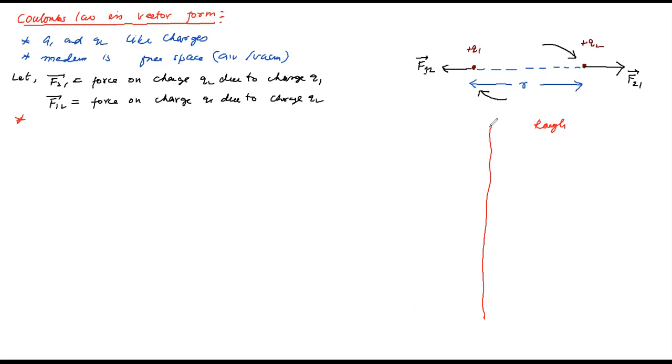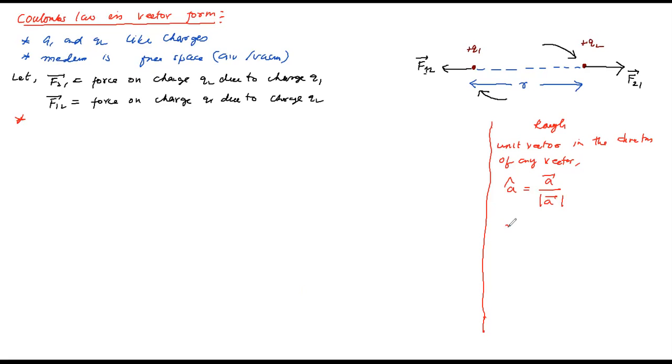This is also in mathematics, and you also learned it in class 11 physics. We know that a unit vector in the direction of any vector, a cap, means unit vector. It is given by a vector divided by mod a, which means the magnitude of the vector.